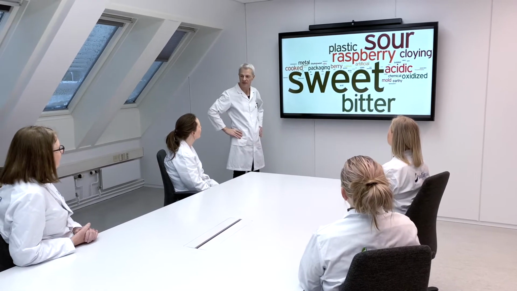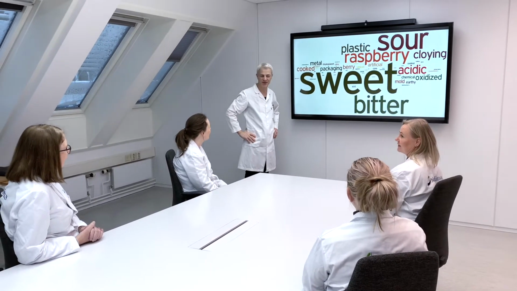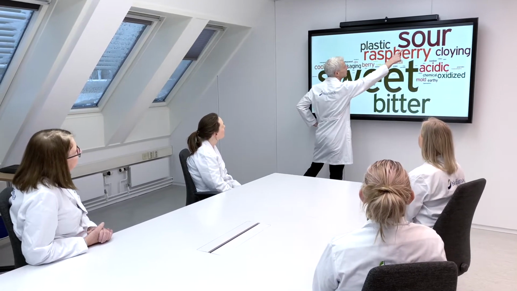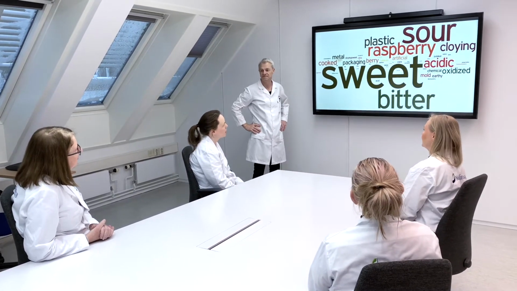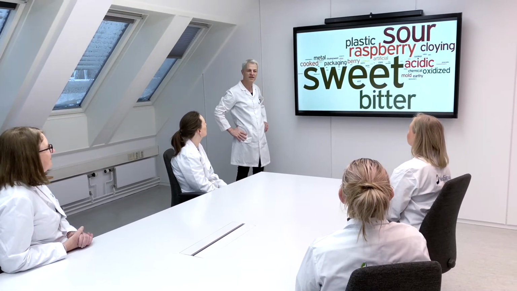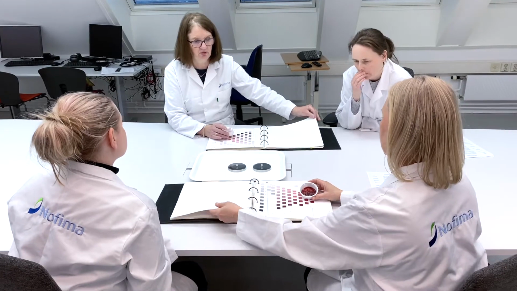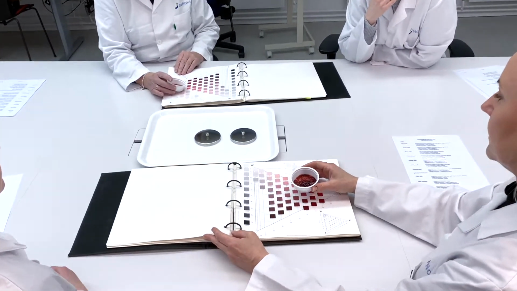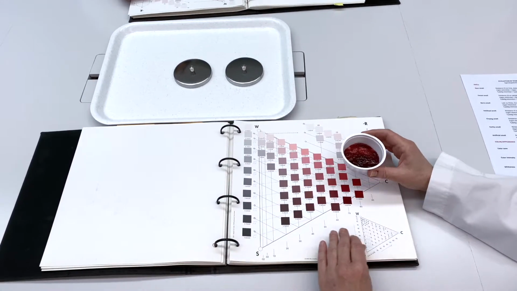Go through the different sensory attributes they have written down with the panel. Try to find which sensory attributes are important for these products. If you are also assessing the appearance and color of the product, it is wise to use a standardized color system.